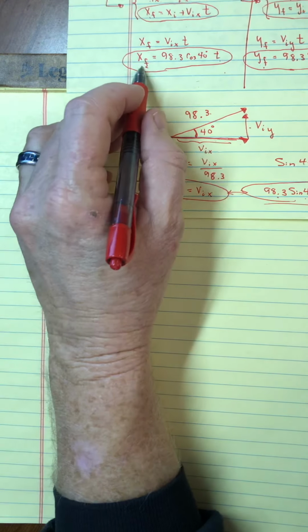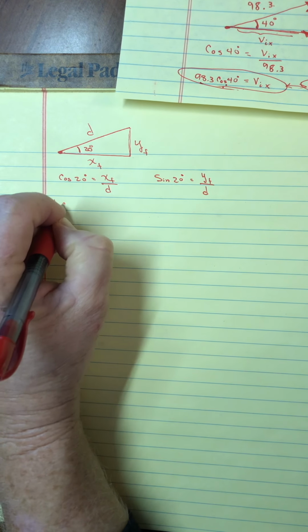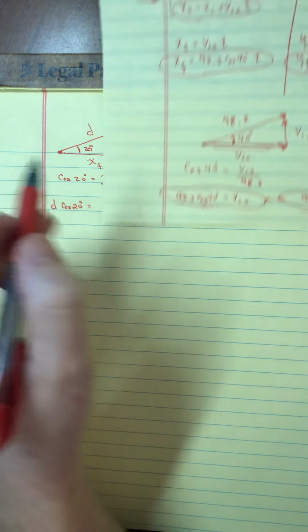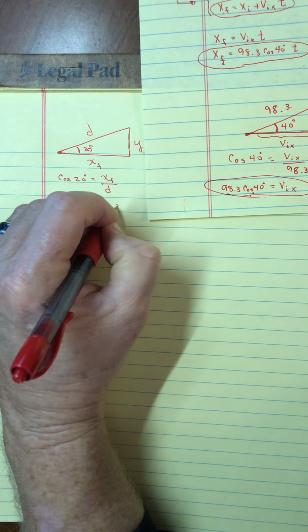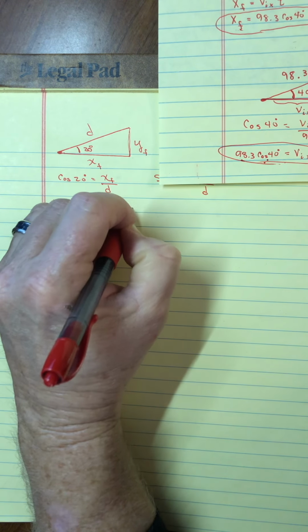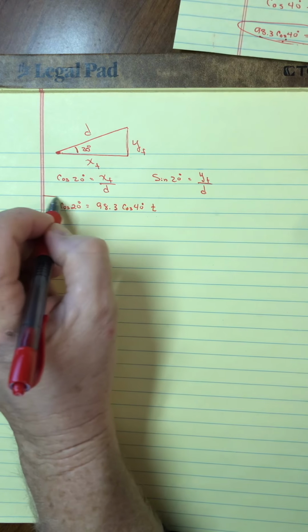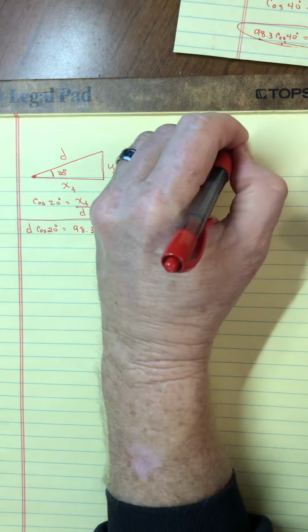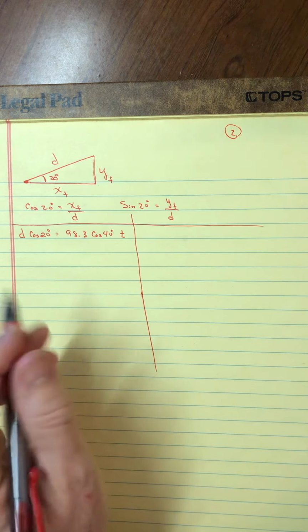So right here, this equation for final position x, let me put d cosine 20 degrees. That has to equal, as we said, 98.3 times cosine of 40 degrees t. Maybe I should continue on this page 2 with my 2 columns.